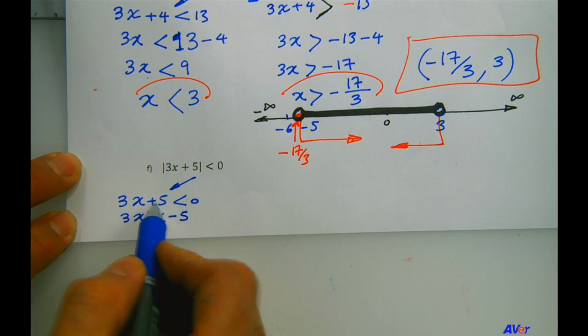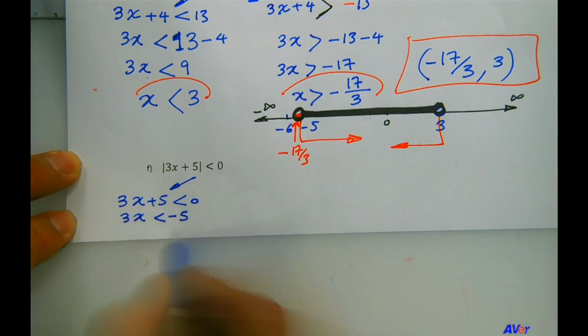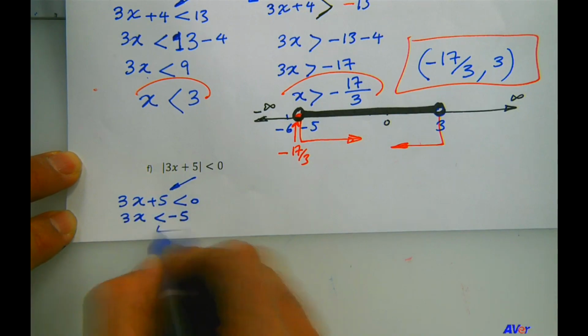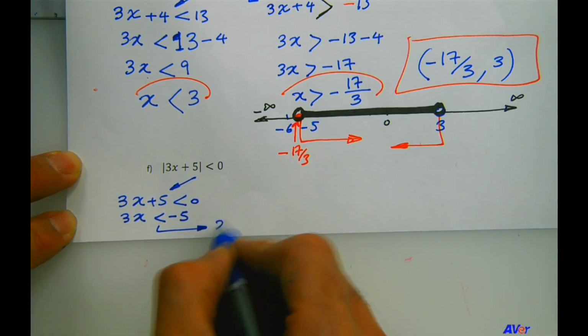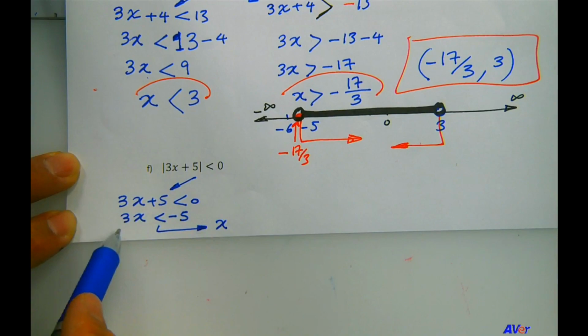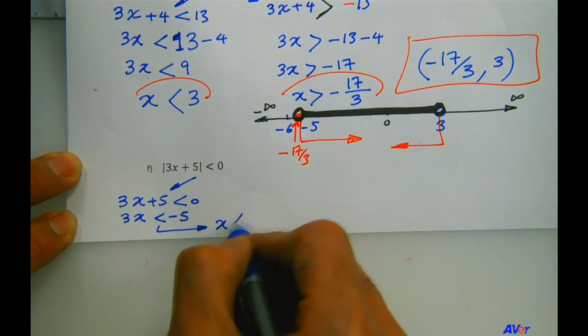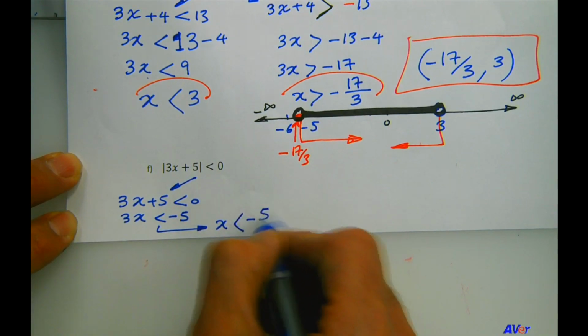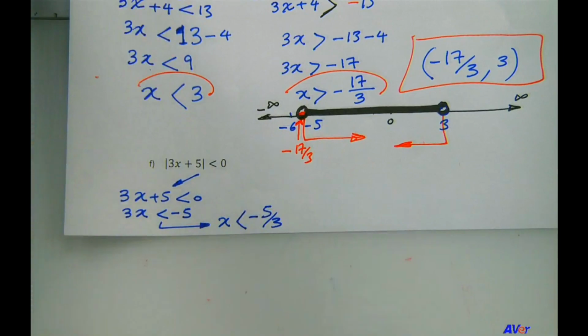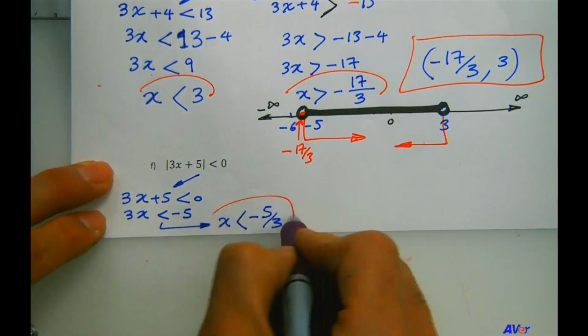I moved the positive 5 to the other side, and it became negative 5. We're isolating x, which means we're solving for x. Is x isolated? No, it's got a 3 next to it. So let's divide both sides by positive 3. We get x less than negative 5/3. Okay, so that's one of the solutions.